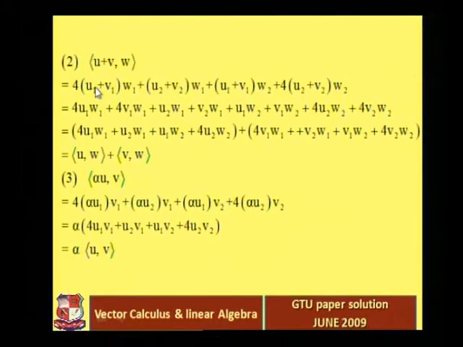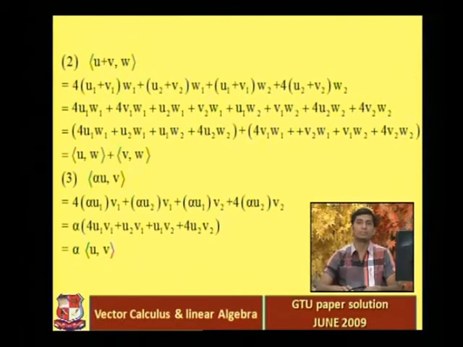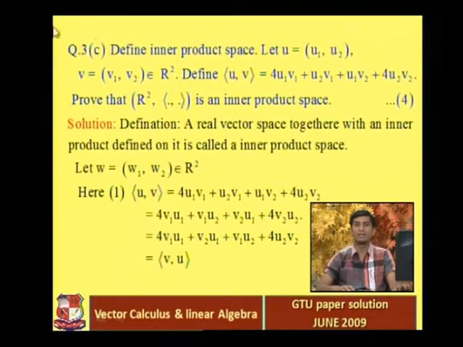Here is the second condition, ⟨u + v, w⟩, that is equal to 4(u1 + v1)w1 + (u2 + v2)w1 + (u1 + v1)w2 + 4(u2 + v2)w2. So we just use the definition of inner product which we defined earlier.